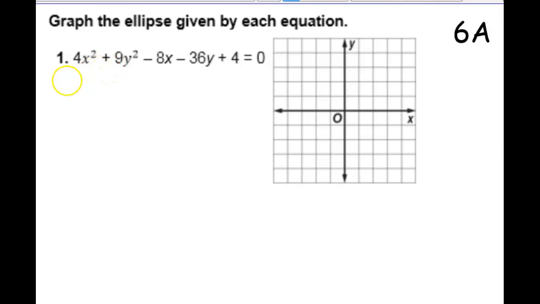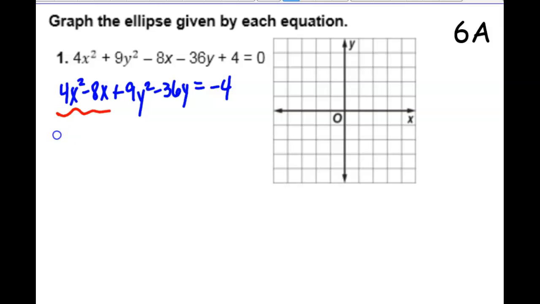What can we take out of the x's here? Well, maybe we should rearrange it quick. 4x squared minus 8x plus 9y squared minus 36y equals negative 4. Now, what can I take out of the x's? So I'll have 4 times x squared minus 2x plus blank.